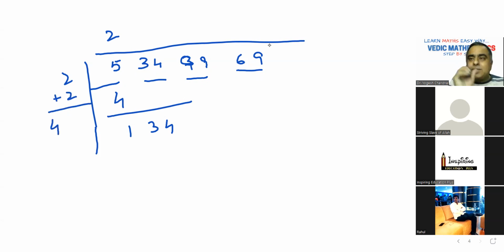When you see your class 8 or class 7 textbooks, this is missing. So then the student gets confused. See, cramming they are able to do, but they get confused.